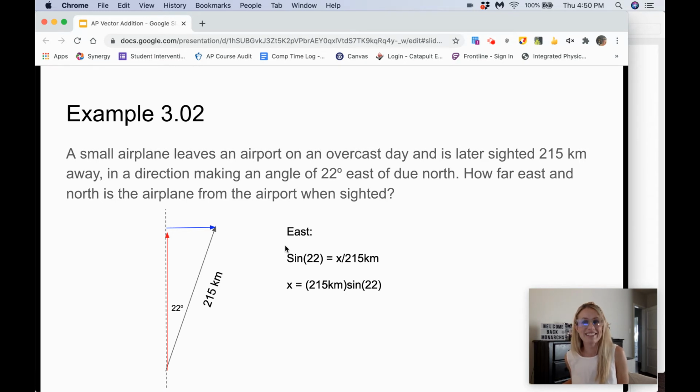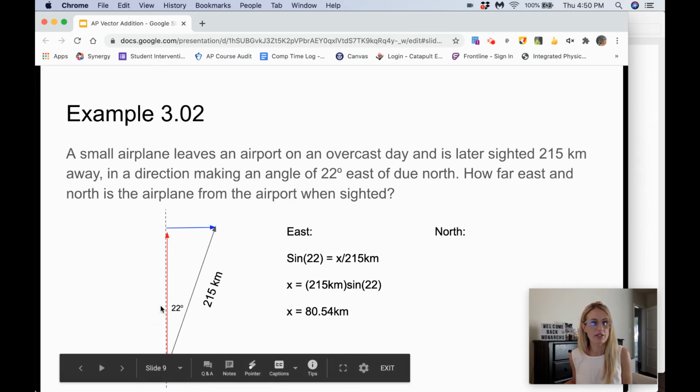It's great. Just kidding. So we solve using our calculator and we get 80.54 kilometers. Now for the north vector, this vector is adjacent to this angle right here. So because it's adjacent, we're going to use cosine. So we get cosine of 22 is equal to adjacent over hypotenuse.